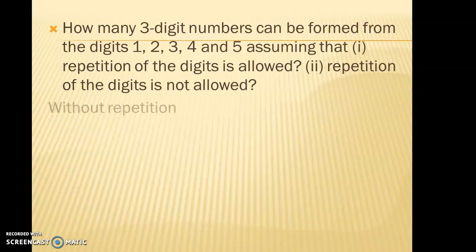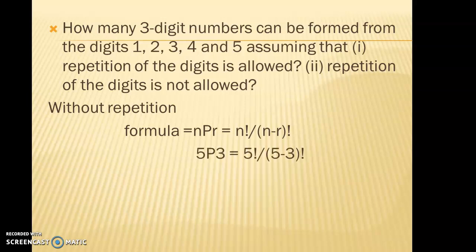We take the first one, without repetition. So what is the formula? nPr is equal to factorial of n divided by factorial of n minus r. Here, how many digits are there? 5 digits, and I have to choose 3 out of that. So 5P3 is equal to factorial of 5 divided by factorial of 5 minus 3.